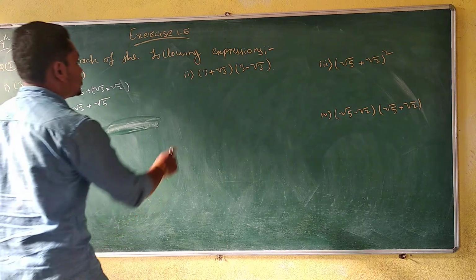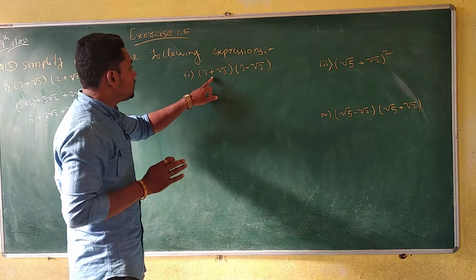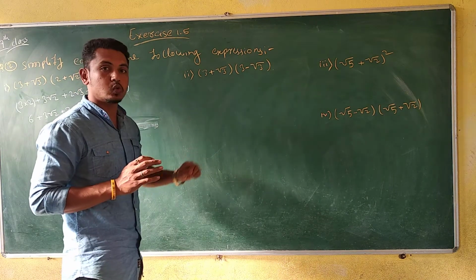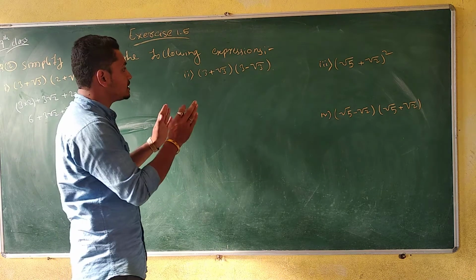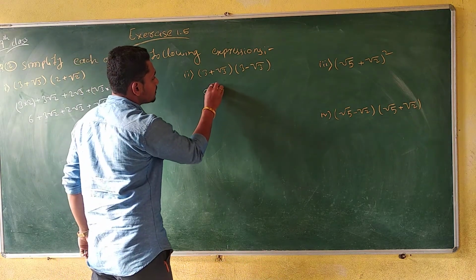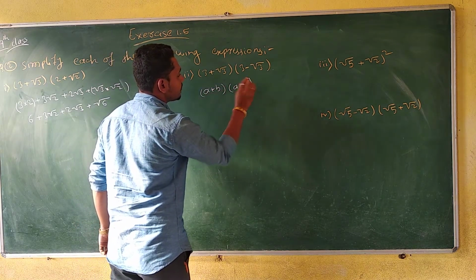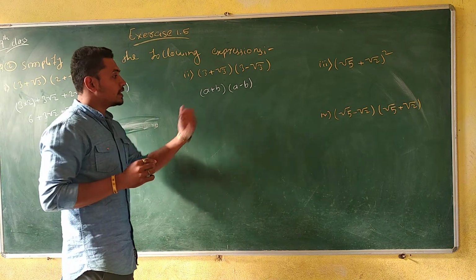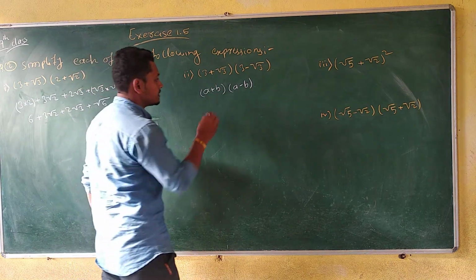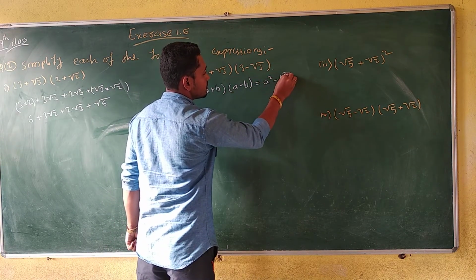This is the next question, question number 2. See here, 3 plus root 3 in the first bracket, 3 minus root 3 in the second bracket, which means it is in the form of a plus b into a minus b. Then what is the identity for this equation? Yes, a plus b into a minus b is equal to a square minus b square.